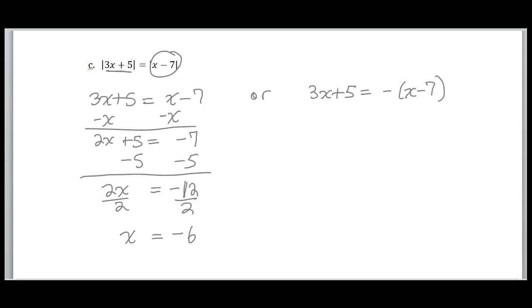On my right-hand side, you can think of that being a 1 there if you want to. So you distribute this negative to both the x and the 7. So my left-hand side stays the same. And my right-hand side becomes negative x plus 7. Then we continue just like we would when we're dealing with linear equations here.